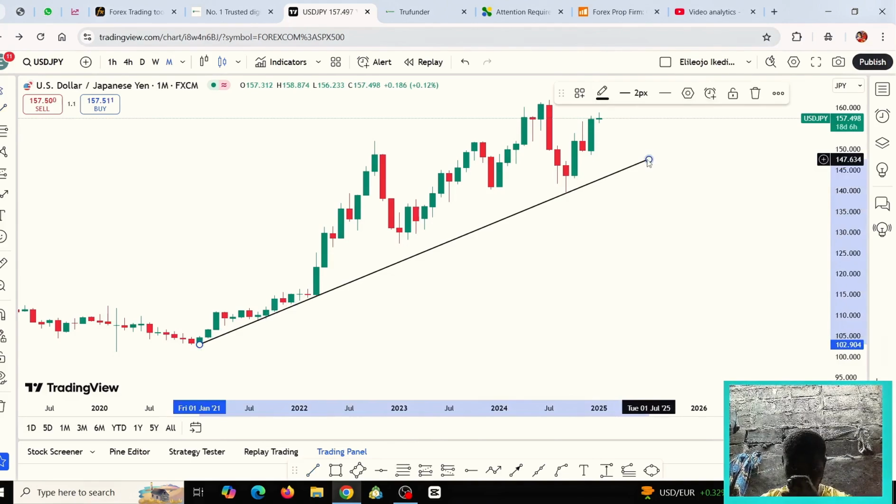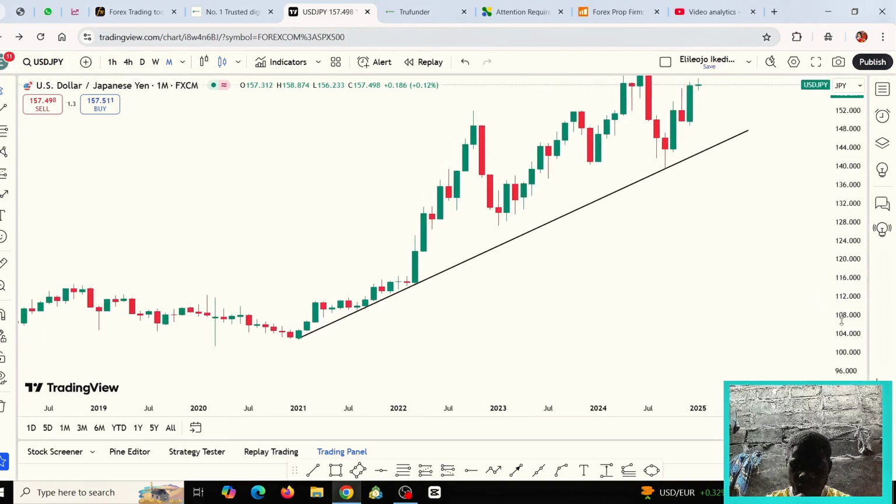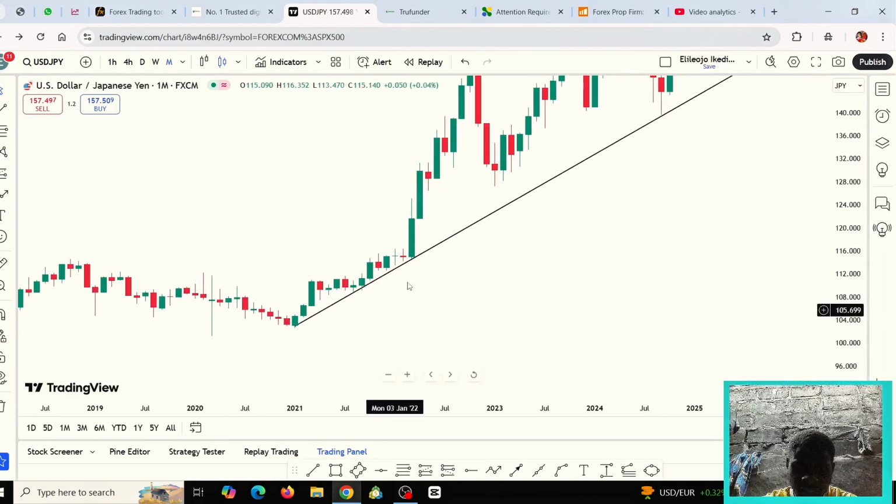Extend it. Now, as you can see, my trend line is actually touching this candle, but it is not on the body of the candle. This is what I'm talking about.